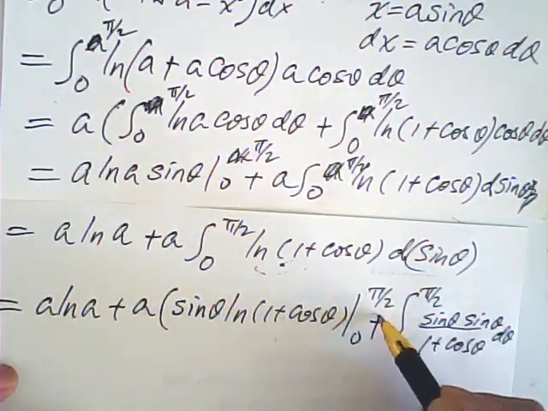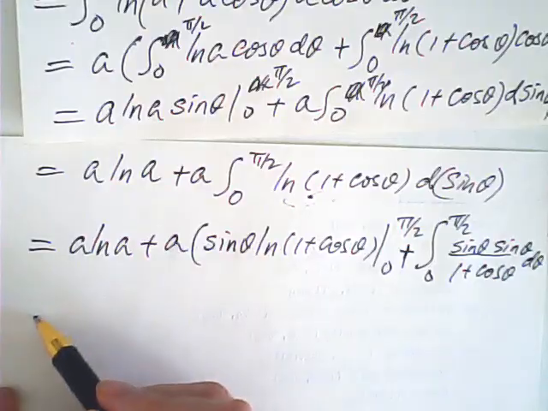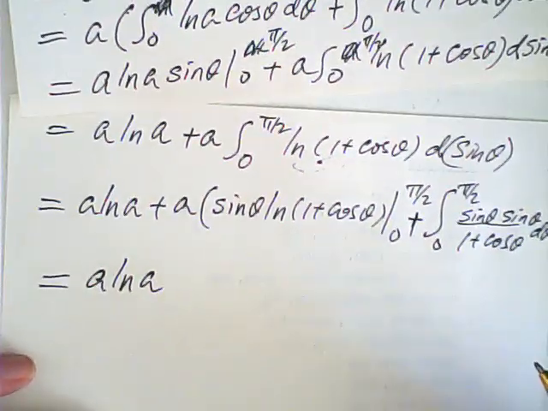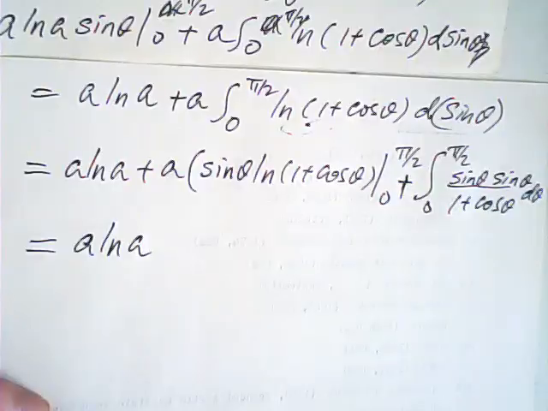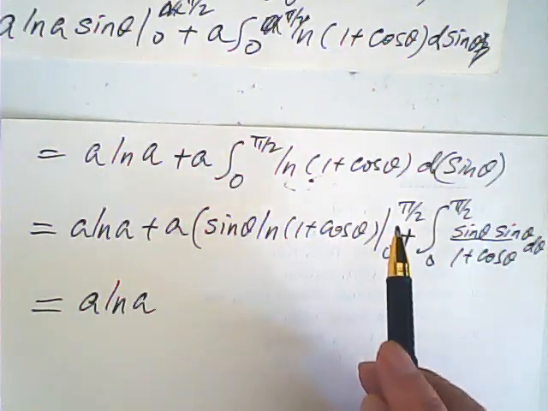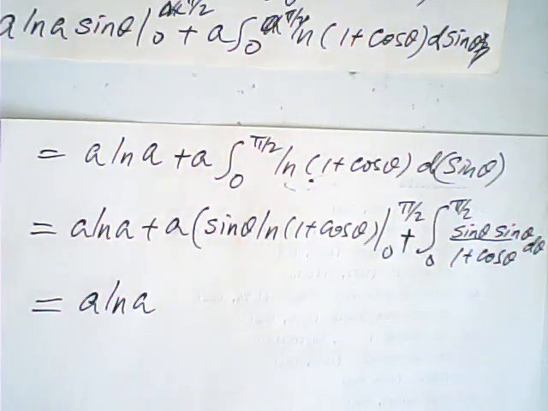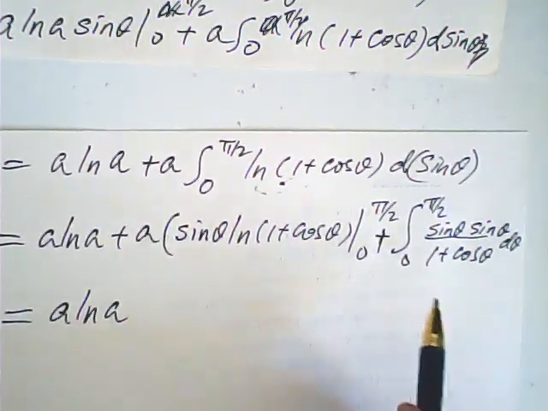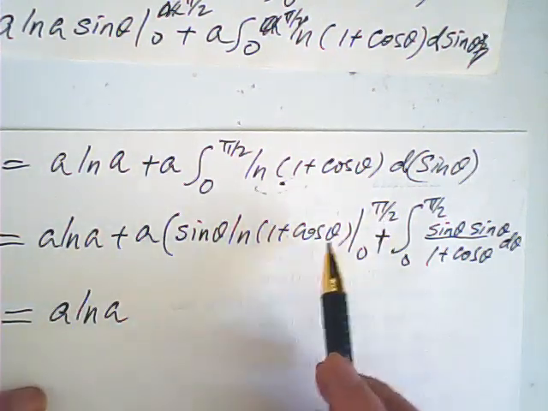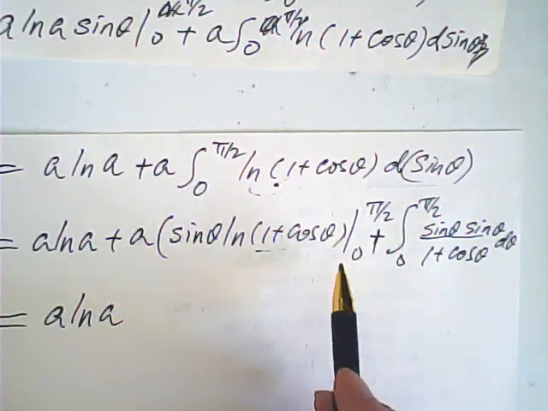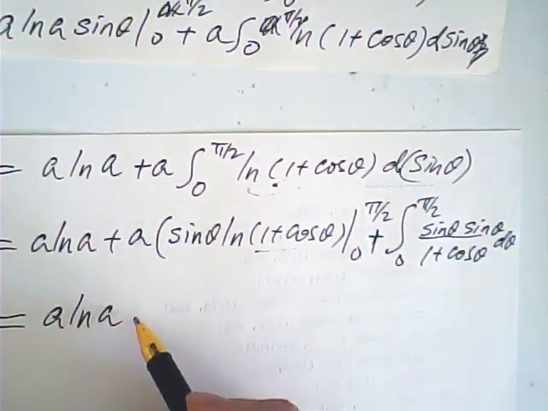Negative became plus, okay? Continue. When theta is half pi, log 1 is 0, and when theta is 0, this is 0. So everything is 0 here.